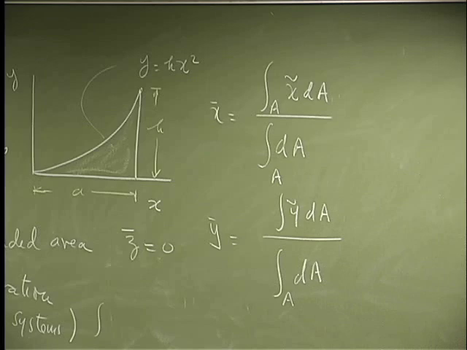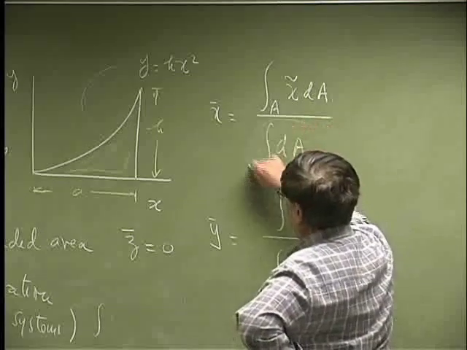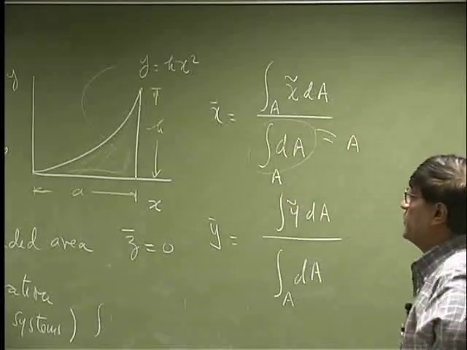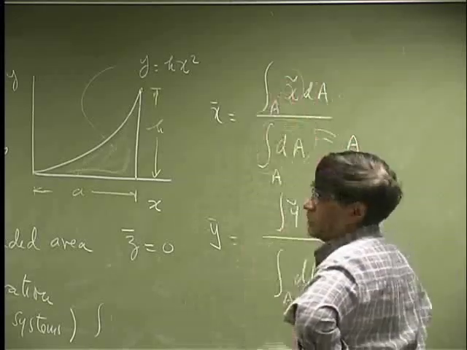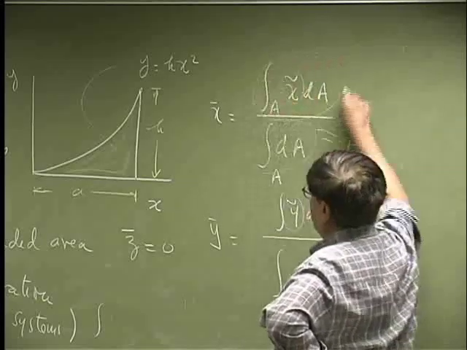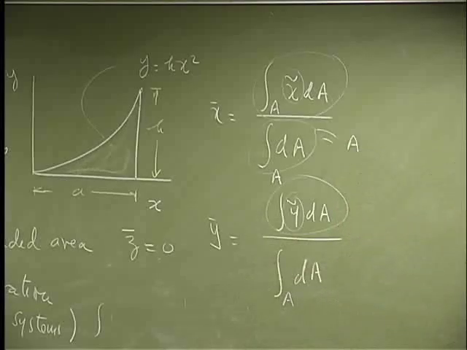So these are going to be the two equations, and in that equation you need to find this, which is really the area of the shaded part. Then we need the x tilde, we need the y tilde, then we want to find this integration, and then we need to find this integration.